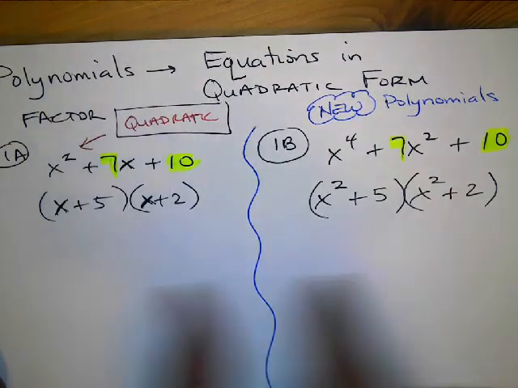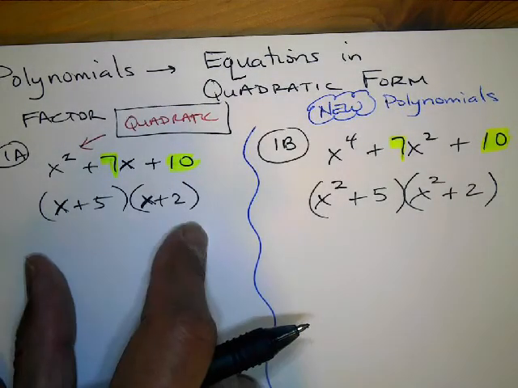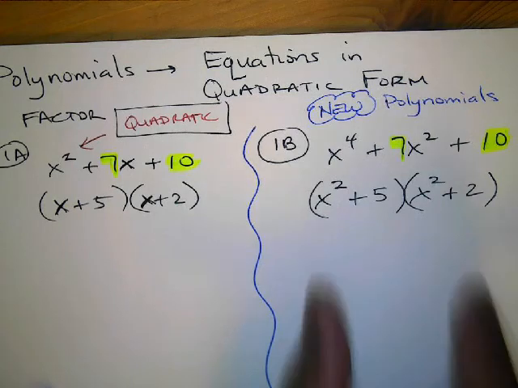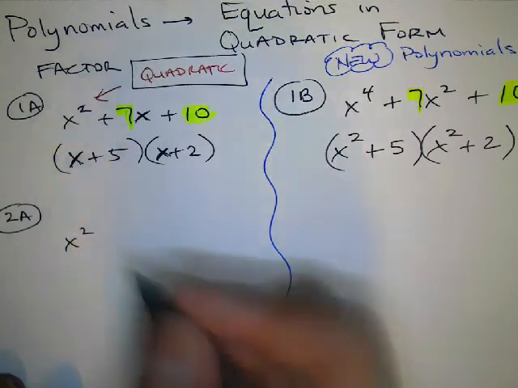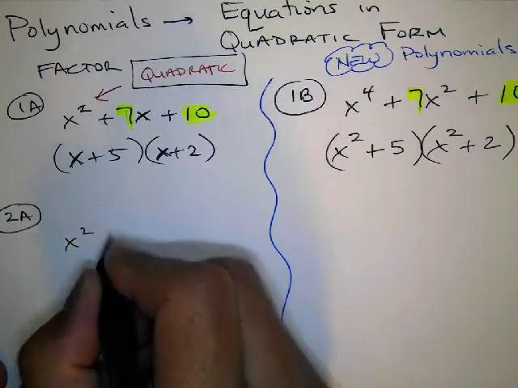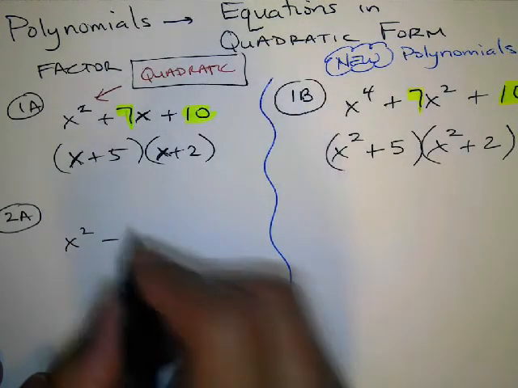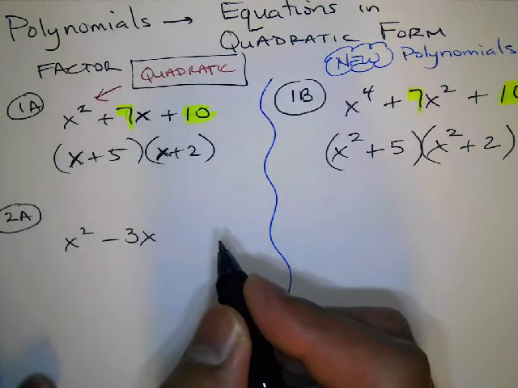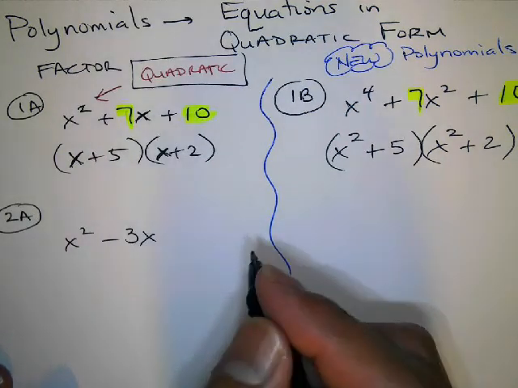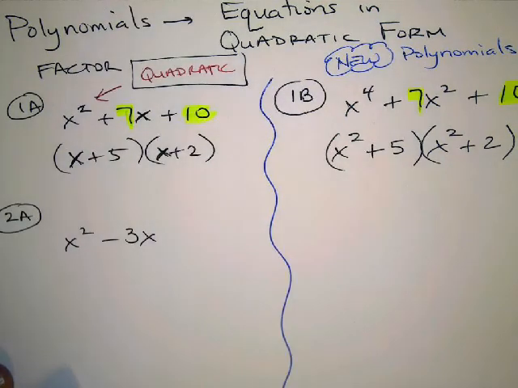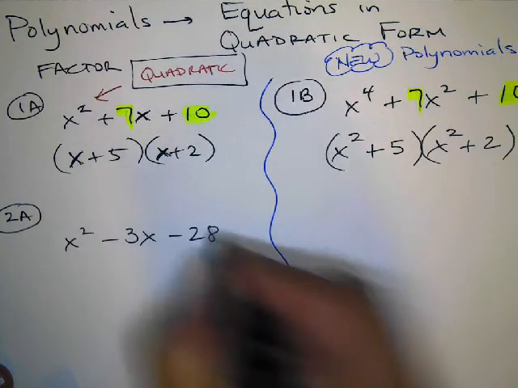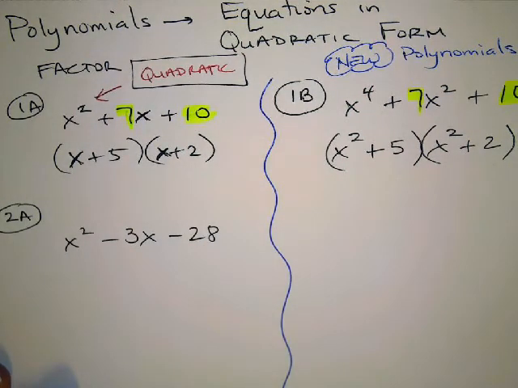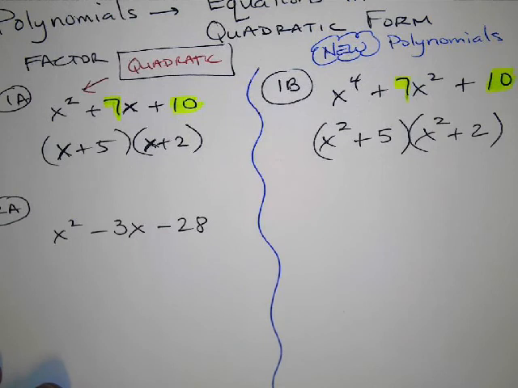Okay? So let me do one again, going forward this way. One more like this, where I start with the quadratic and then I go this way. But honestly, then we'll start with this one. Let's do another one, 2a. What if I give you x squared minus 3x minus 28, sure.